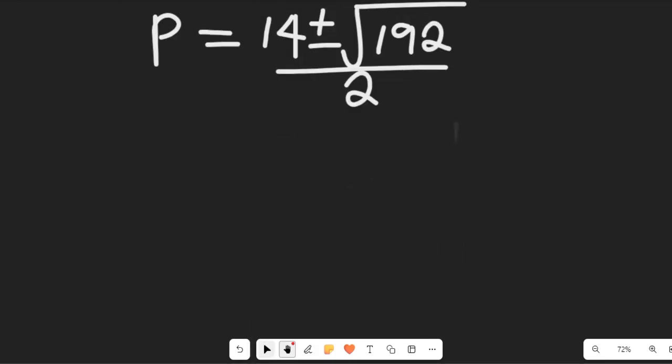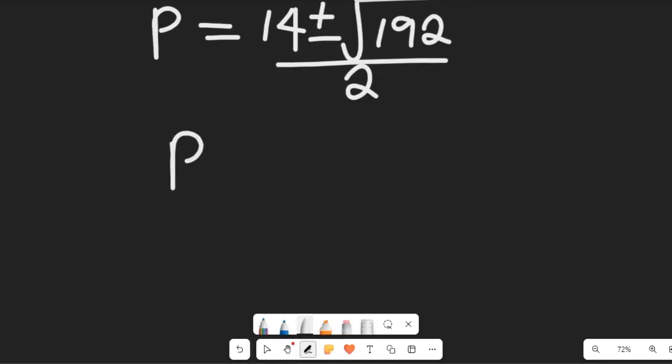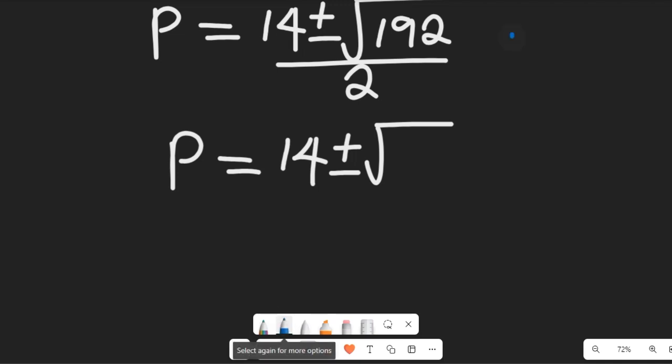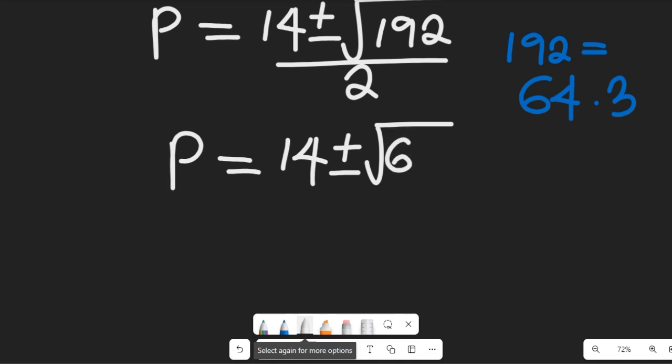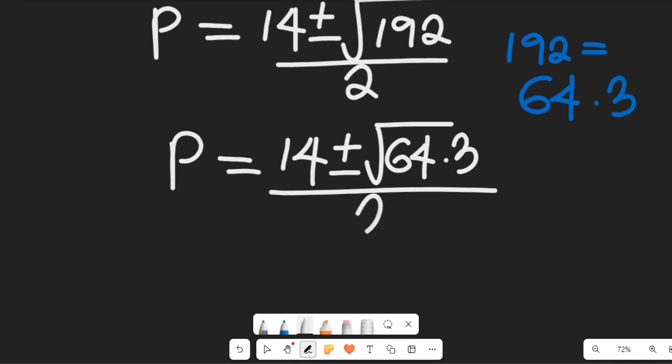So from that expression, p will be equal to 14 plus or minus the square root of 192, which can be expanded further. 192 has its factors. 192 can be equal to, if you divide it by 3, 64 multiplying 3, right? That will give us 64 multiplied by 3, and all of these will be divided by 2.